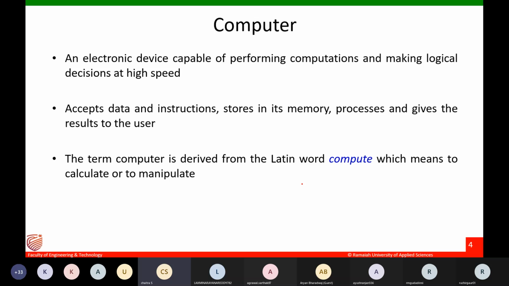And making logical decisions: if I say 2 plus 3 is equal to 5, yes, that is true, so that decision will be given. And if I have written a program saying 2 plus 3 is not equal to 5 and I want it to be true, it can be true. Like that, anything which is able to do decision making and calculations, we will call it a computer.